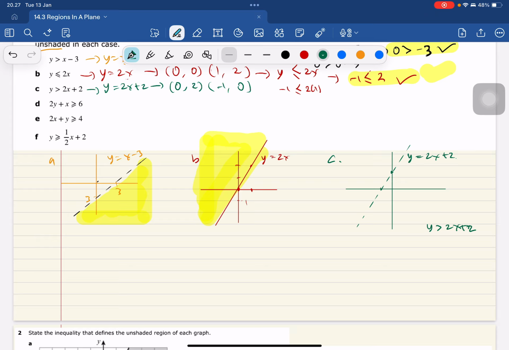I will pick the easiest point, the origin, so y equal to 0 bigger than 2x plus 2, so 0 plus 2, so 0 bigger than 2, which is not correct. So this is going to be the unwanted area. Here, this is the unwanted area.